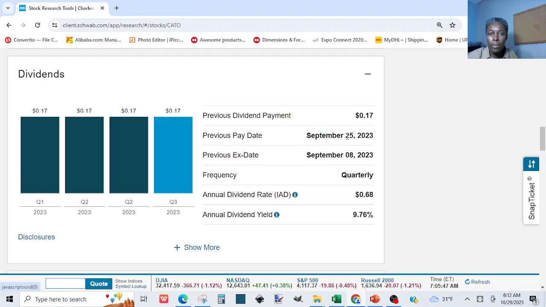So that means September is the last month of quarter three, so this particular stock pays in month 3 of the quarter. I don't know if it makes sense. It's not necessarily about September that we are interested in, but which month of the quarter it pays. So month 3 of the quarter.